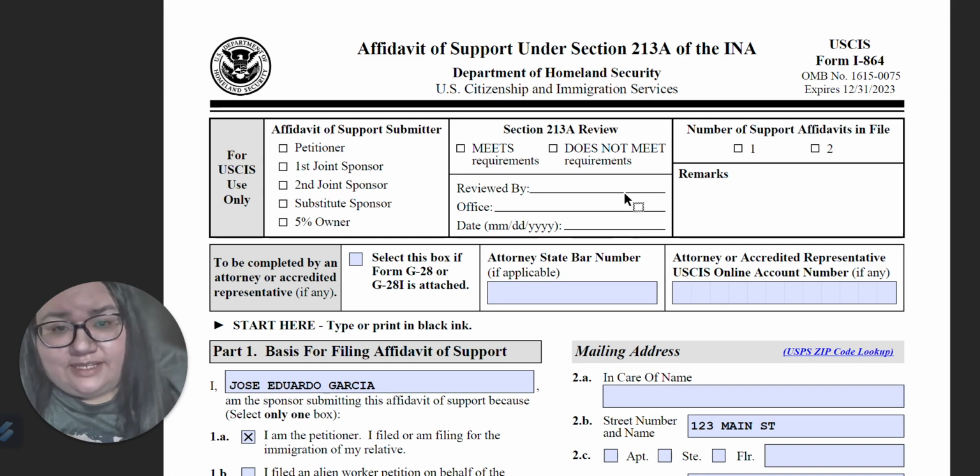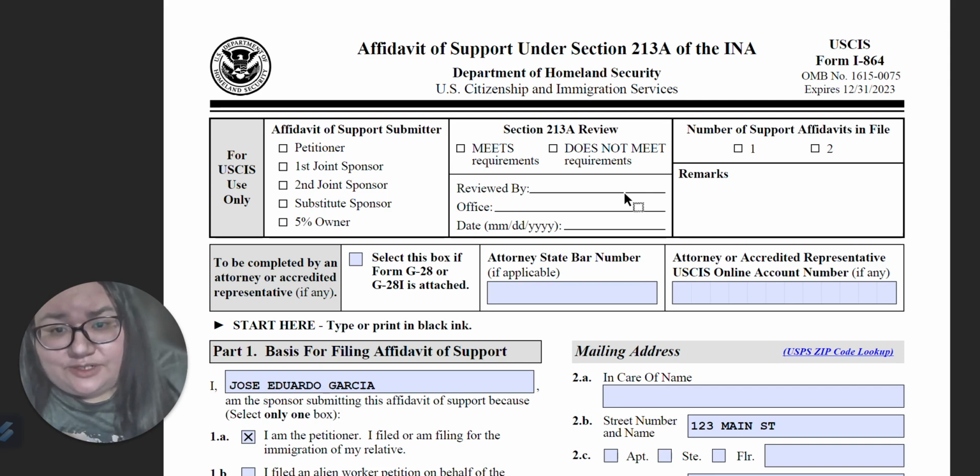You're also going to submit your tax returns, or honestly, it's preferable if you can go online, download those tax return transcripts, and send those in. USCIS tends to have an easier time reading those. They're a little more concise, with fewer pages to submit. And last but not least, you're going to want to prove your income.